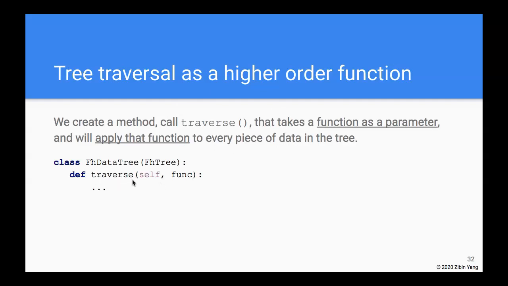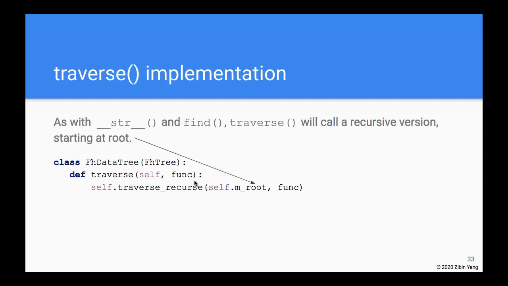And just as with the dunder string and the find method, traverse, in order to visit every element in the tree, will call a recursive version of itself. We're going to call it traverse recurse, and we are going to start at the root of the tree.